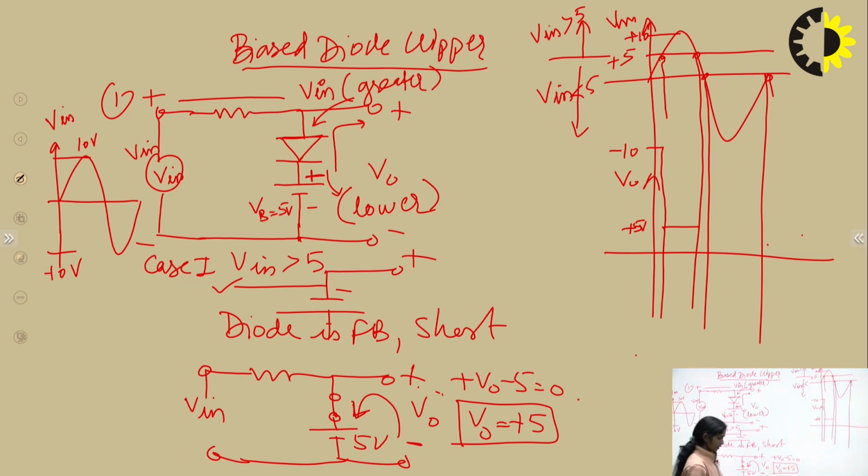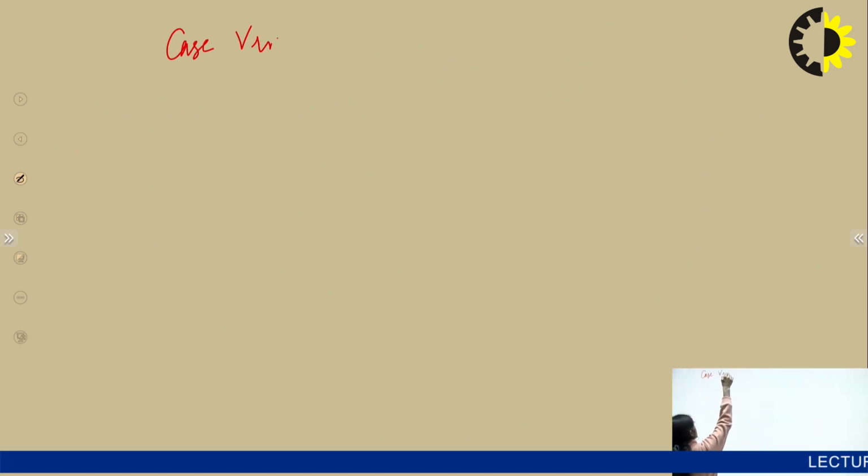Now the next case, that is case 2, Vin lesser than 5.